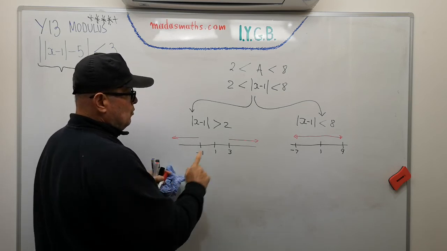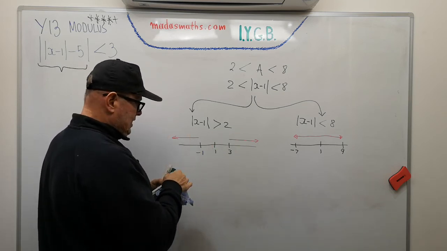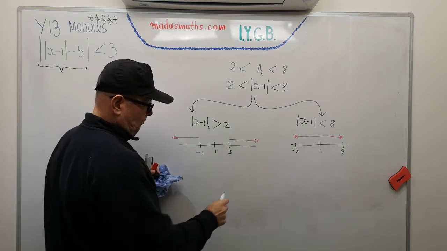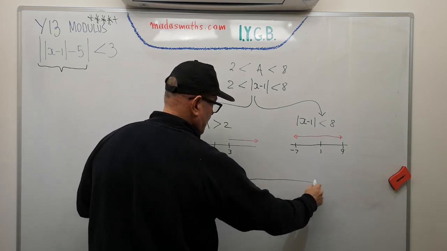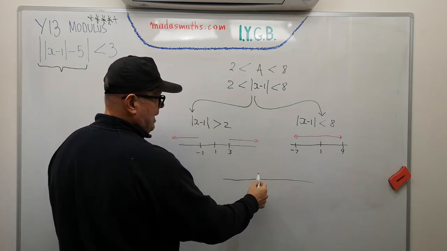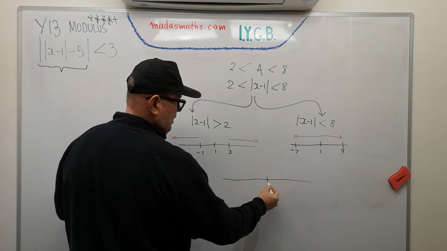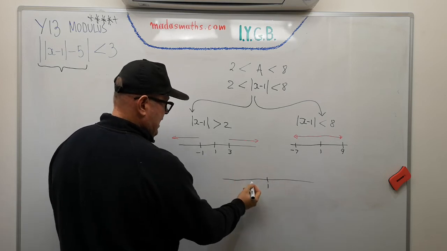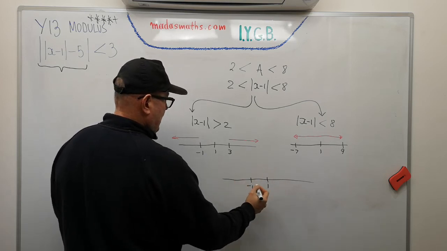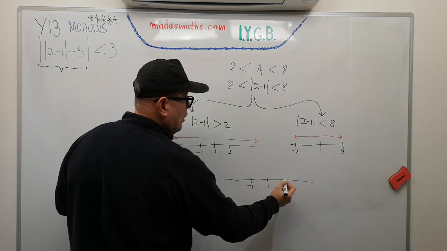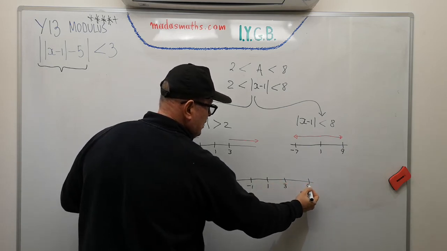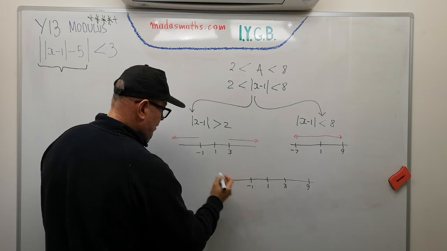So if you look at the two expressions, let's put them onto a single diagram to actually see it. We have some critical numbers: the 1, then -1, 3, 9, not to scale of course, and -7.